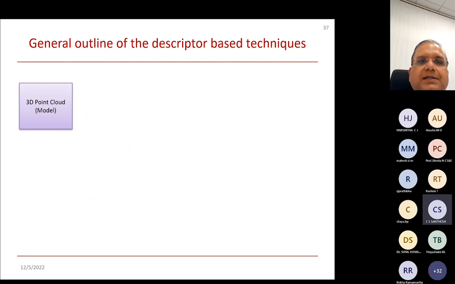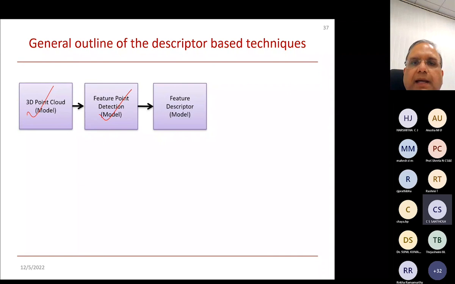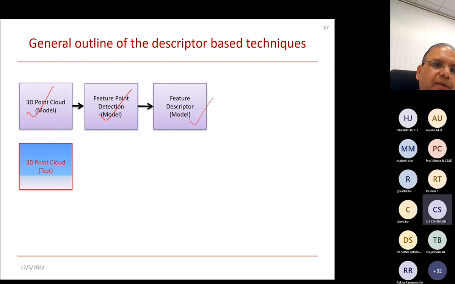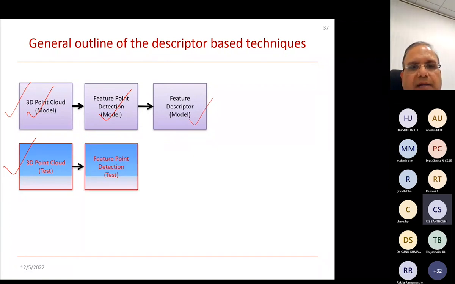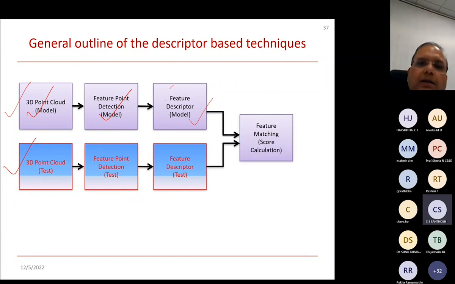So this is the general outline of any 3D descriptor based matching. You have initially the point cloud, then you extract some feature points from it, and those feature points are described with the help of a vector. That's how you get the descriptor vectors for those 3D samples. This happens when you are, let's say, registering a person with the system. The same is done at the time of testing. You have a 3D point cloud, then you extract the feature points, and every feature point is described with the help of a descriptor vector, and then the matching is performed in this descriptor domain.